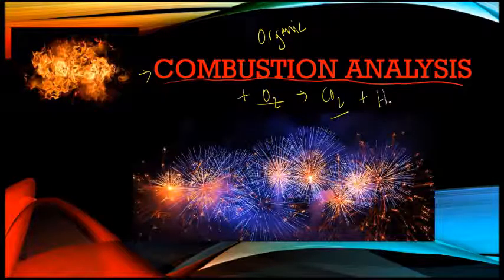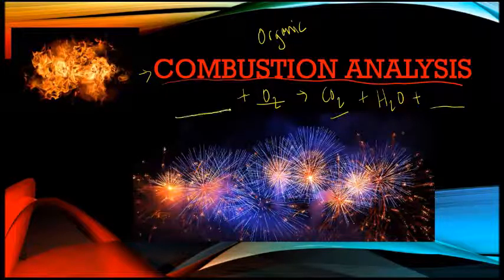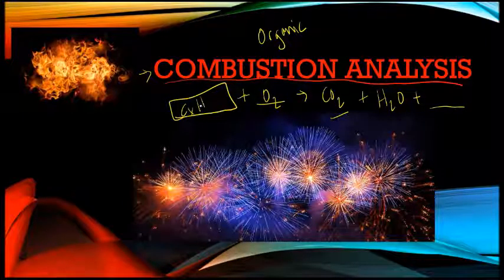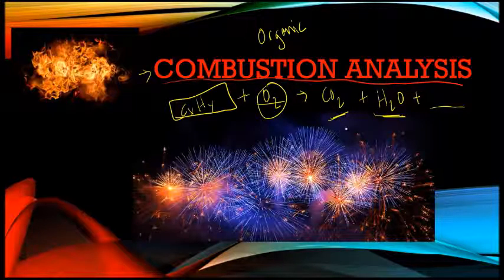The other product is typically water, and sometimes you can have other things depending upon what is in this organic compound to start with. Regular hydrocarbons are just C and H's, but a lot of times you're going to see ones that have nitrogen, chlorine, sulfur, other nonmetals in those organic compounds. But oxygen's always one of the reactants. Carbon dioxide and water are definite products. Sometimes in incomplete combustion, you'll end up with some carbon monoxide as well.